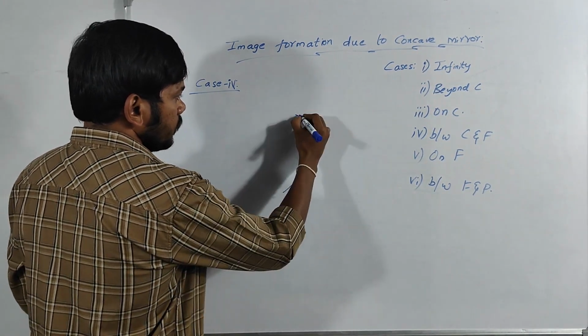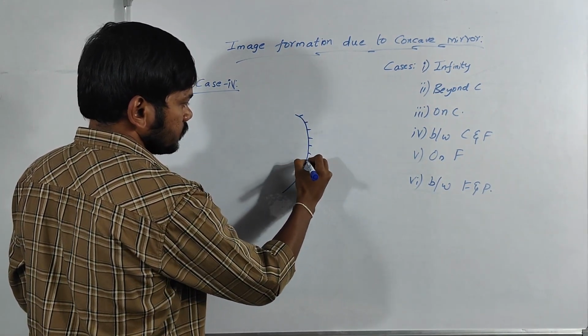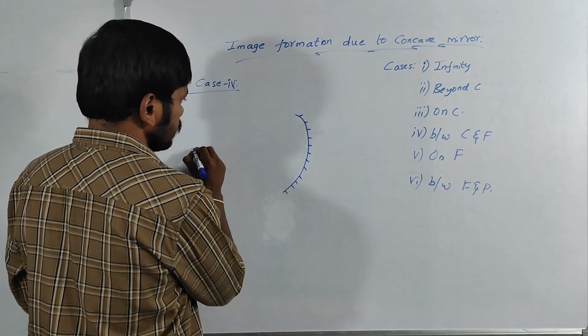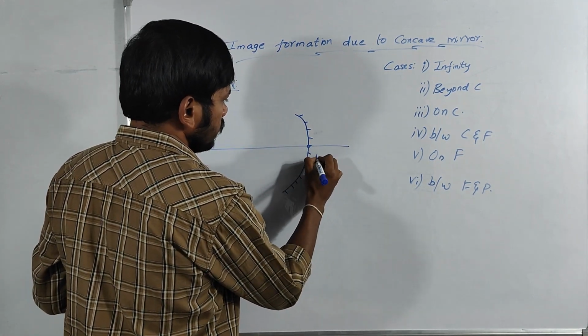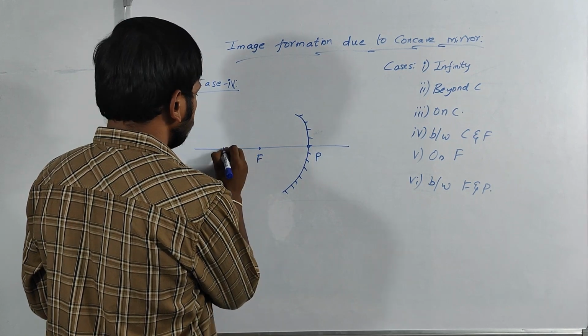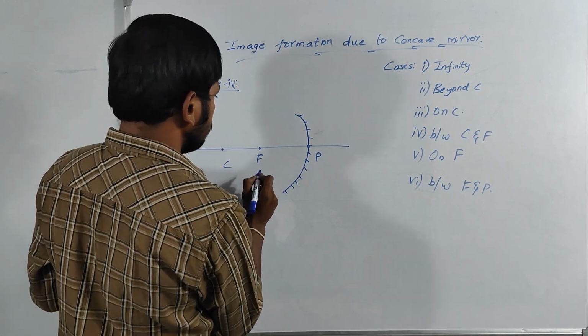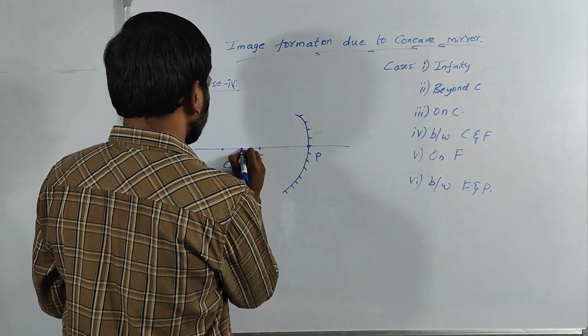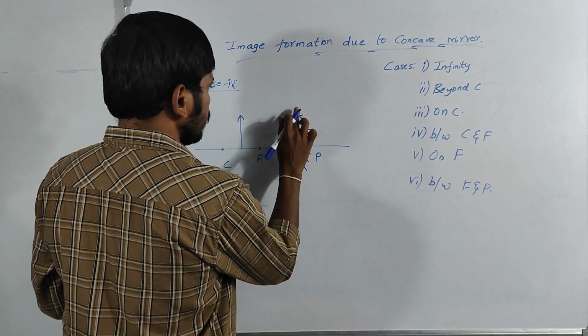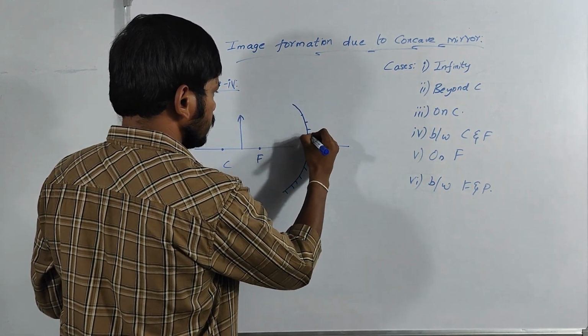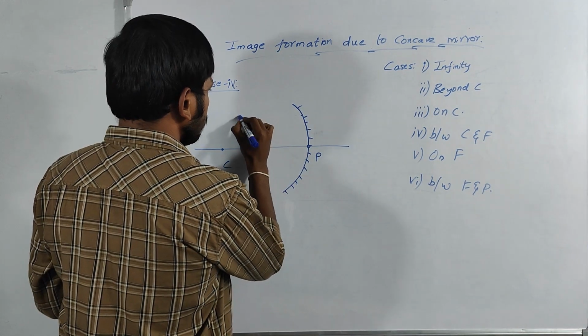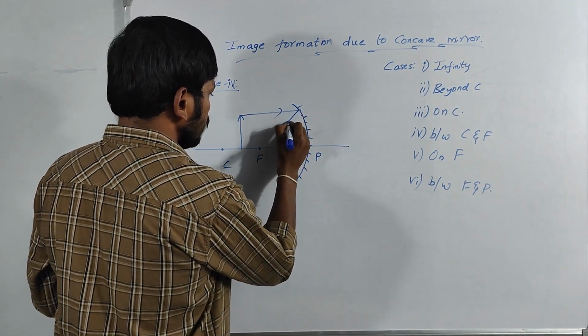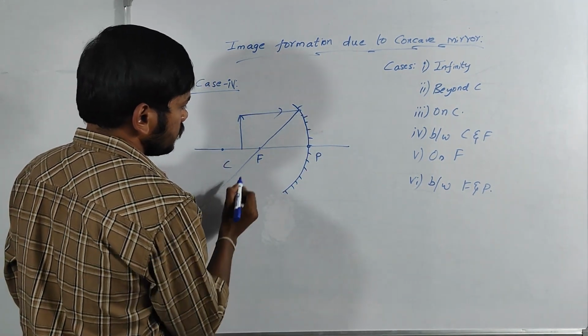So concave mirror, pole, focus, center of curvature, object is placed between C and F. Now incident ray parallel to principal axis reflects and passes through focus.